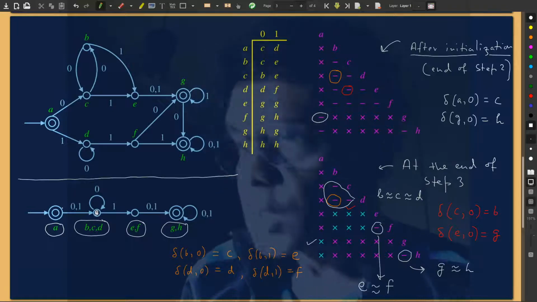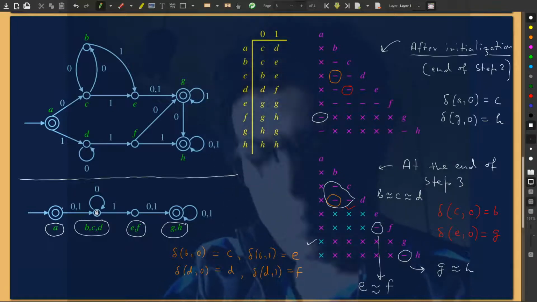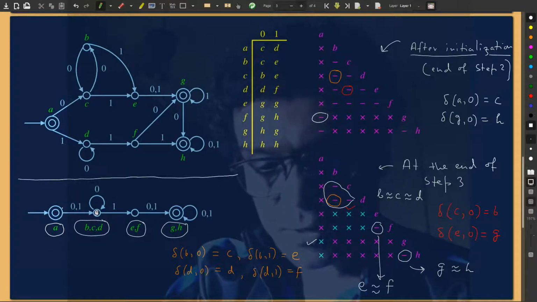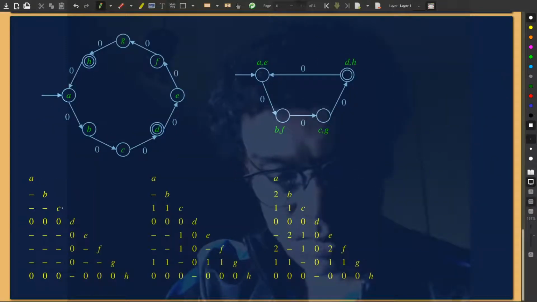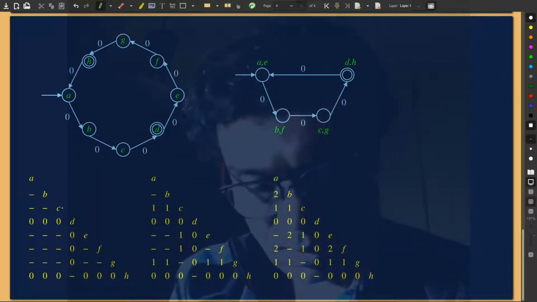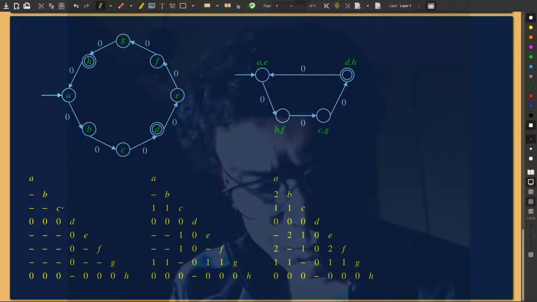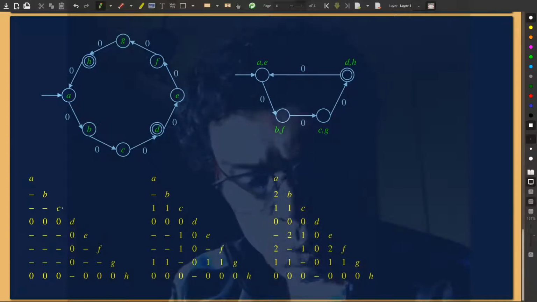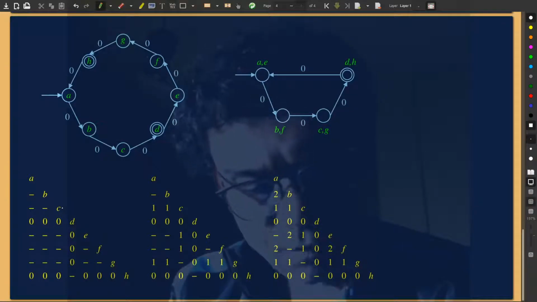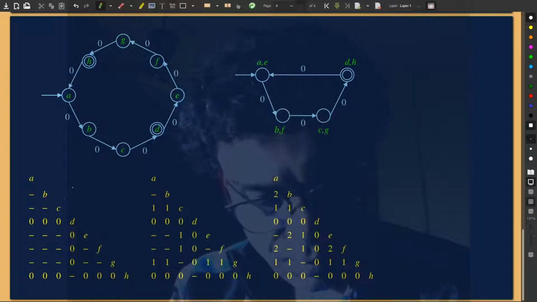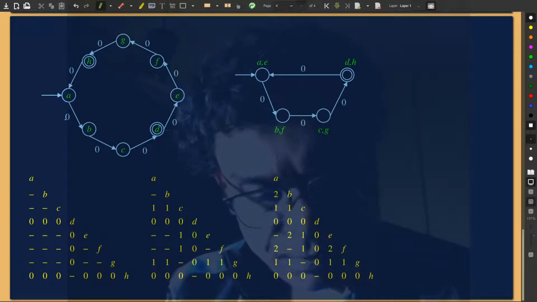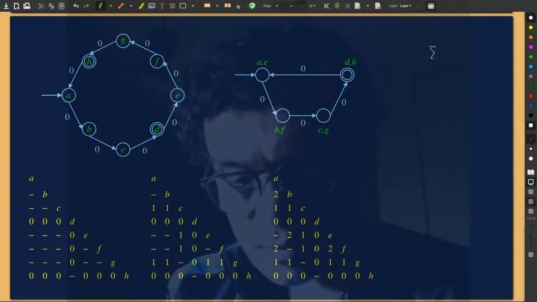Good. Now, I will give you yet another example to illustrate that this loop may run for multiple iterations. Okay. So let us look at this. Here sigma is just 0.